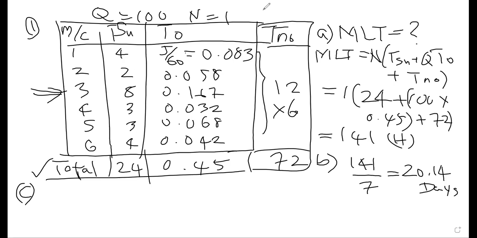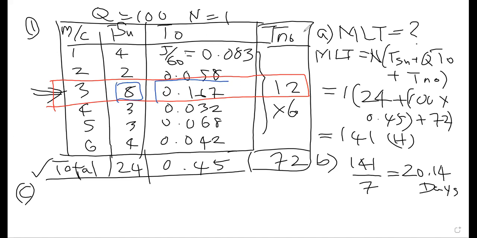I put it here in blue: the setup time is 8 hours, and the operation time is also higher, which is 0.167 hours. So this is the bottleneck for this production, the backlog at machine 3.